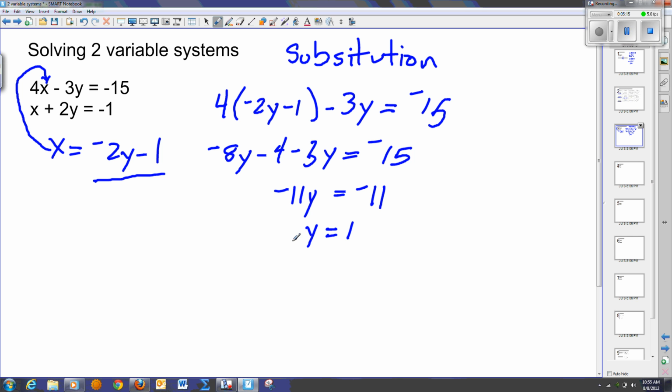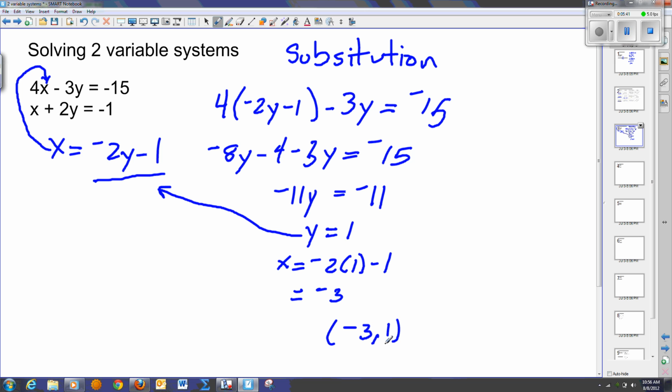If y is equal to 1, then I can plug that into this equation over here and find out what x is. X is equal to negative 2 times 1 minus 1, which is negative 3. Thus, I have a solution point of (-3, 1).